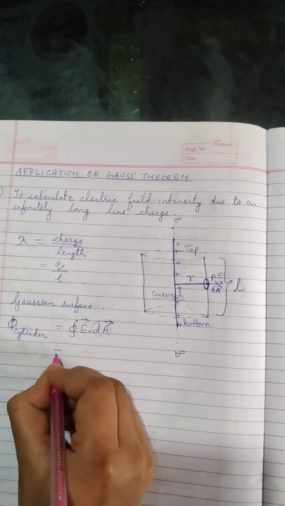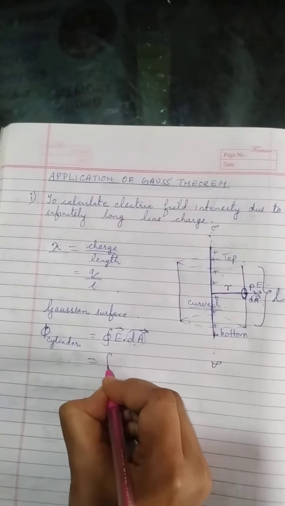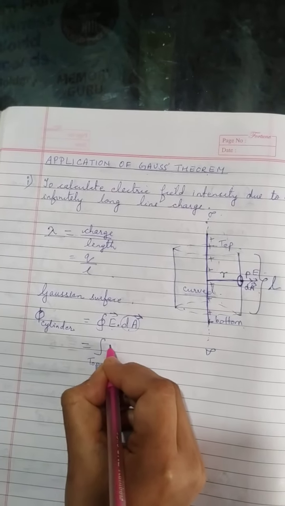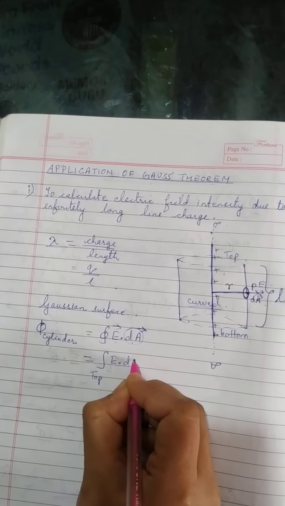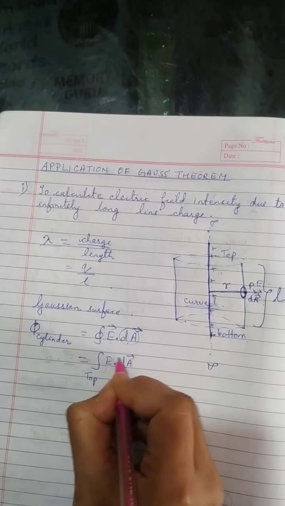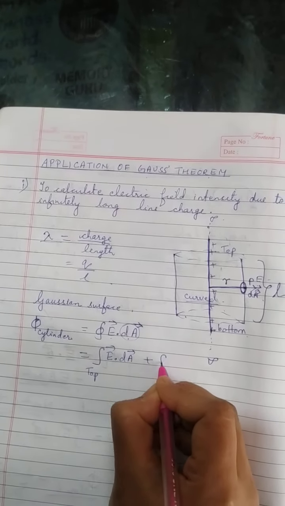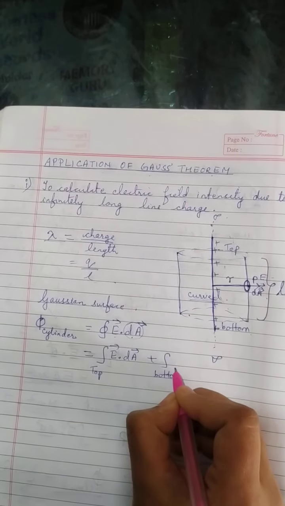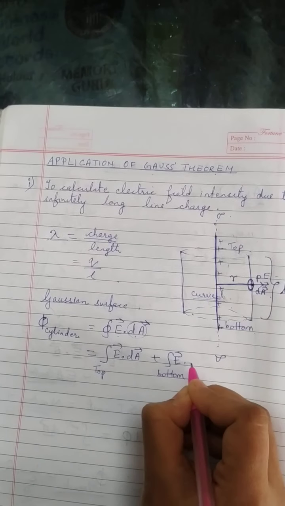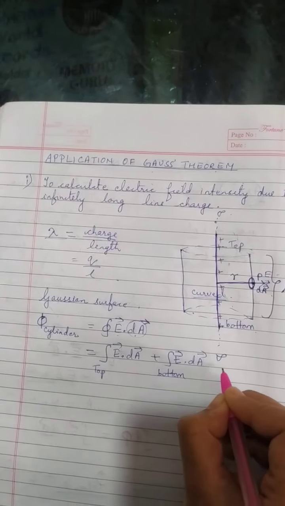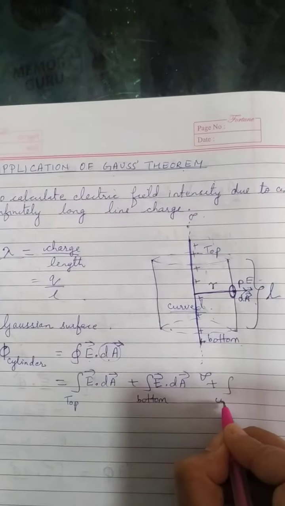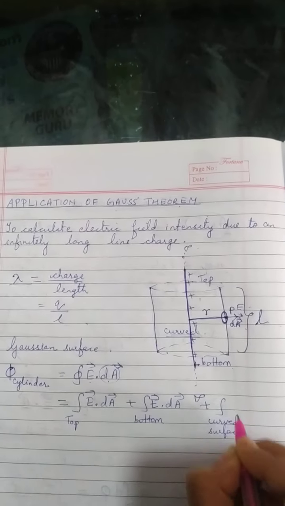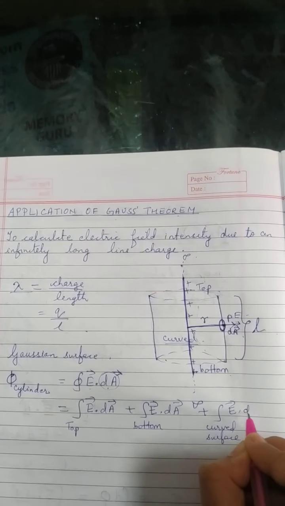Now the total electric flux will be, because of the top surface, E dot dA, plus because of the bottom surface, since we are taking the entire cylinder into consideration, E dot dA, plus the other remaining surface, the curved surface, E dot dA.